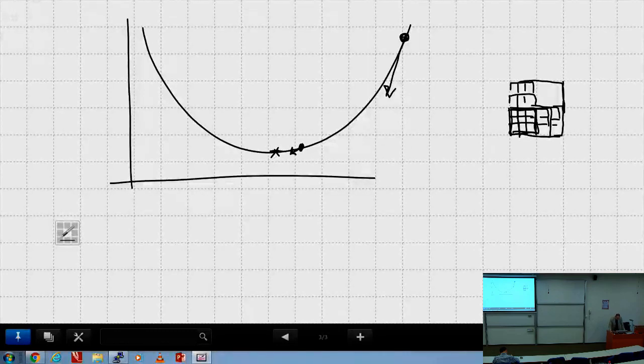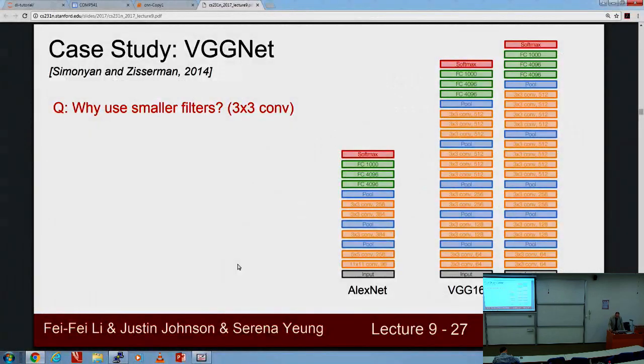How about weights? What is the number of parameters of a 7 by 7 filter applied to the input? One filter. 49 times 3, right? So there's 3 depth.